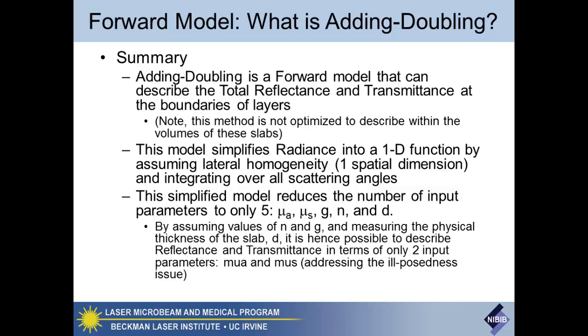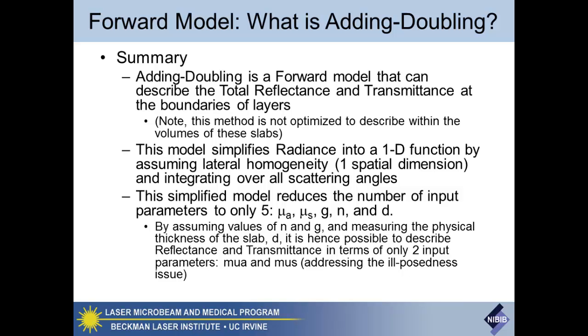So this then simplifies the model and reduces the number of input parameters. And again, this is always this condition of ill-posedness. It now simplifies to only 5 different parameters, where you have absorption, you have scattering, you have anisotropy, the index at the boundaries, and the physical thickness.